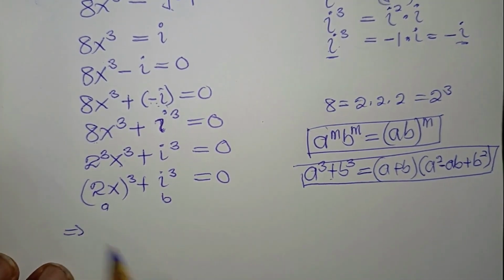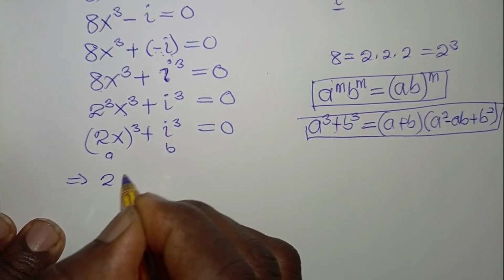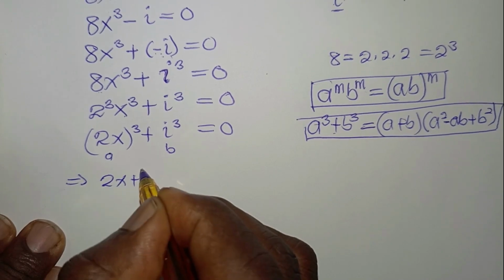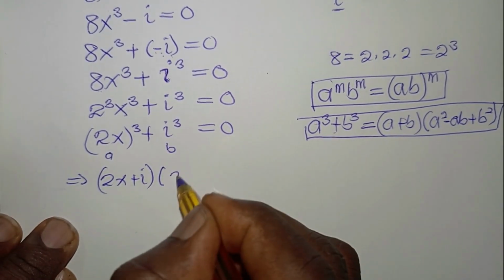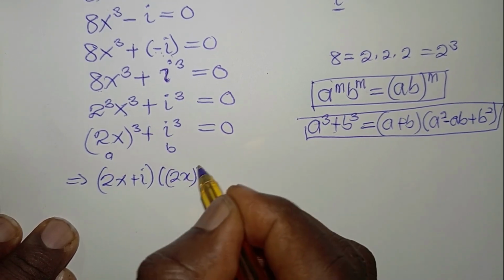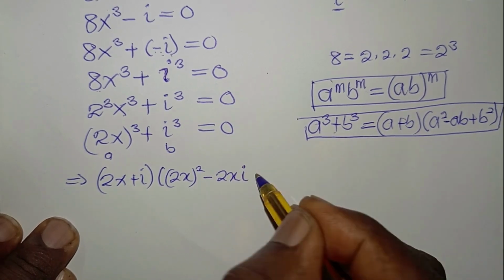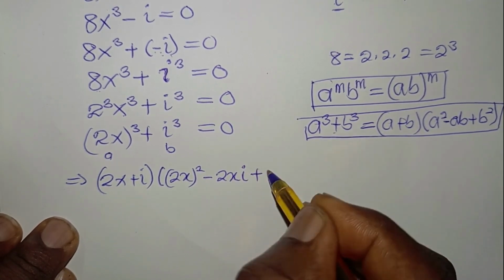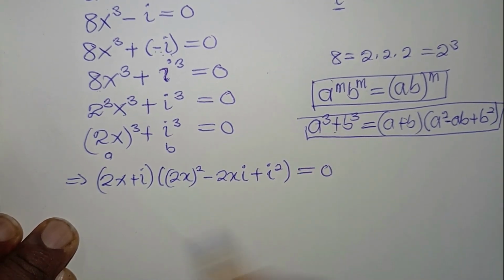So if we expand this, we are going to have 2x plus i multiplied by 2x squared minus 2x multiplied by i plus i squared, and this will be equal to 0.